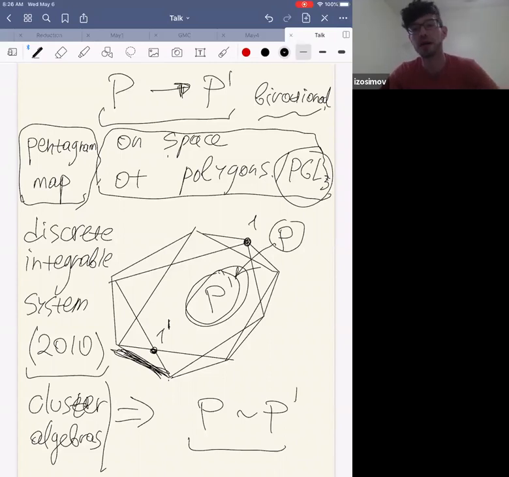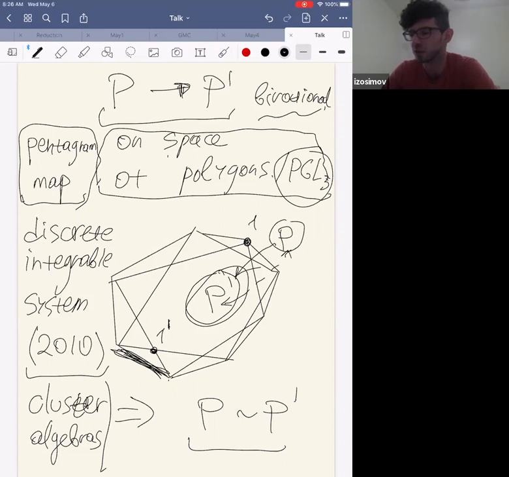Now returning to our initial problem, we wanted to study the case when P and P prime are projectively equivalent. In terms of the pentagram map, this means that P and P prime are the same, because we consider the map on the space of projective equivalence classes.